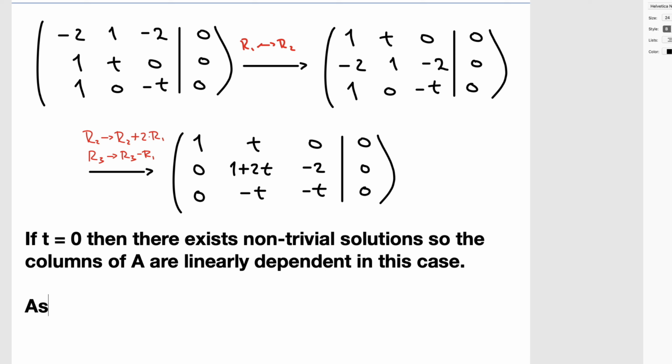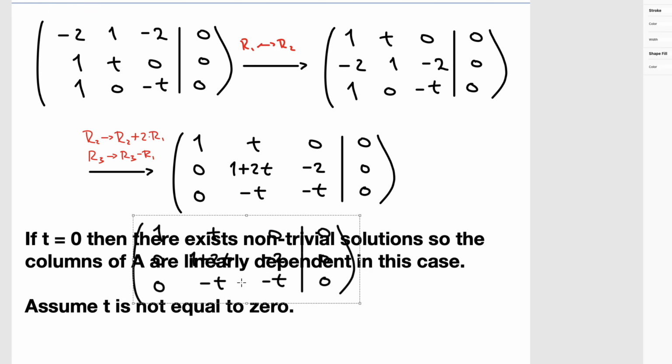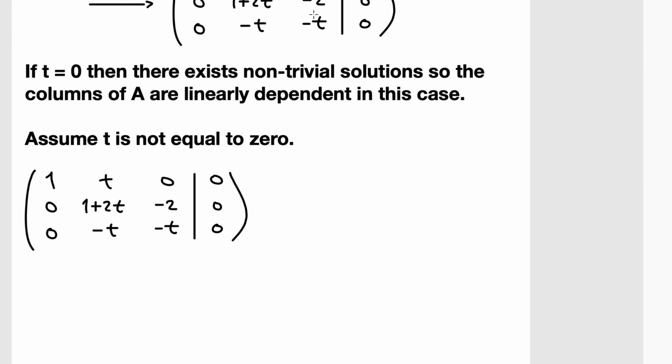So let's assume that t is not equal to 0. And what's the great thing about numbers that are not equal to 0? We can divide them, right, without any fear. So what we'll do is take this result under the assumption that t is not equal to 0. And let's change the third row.